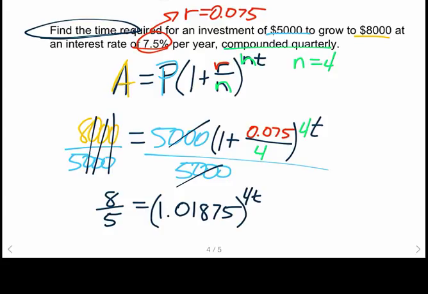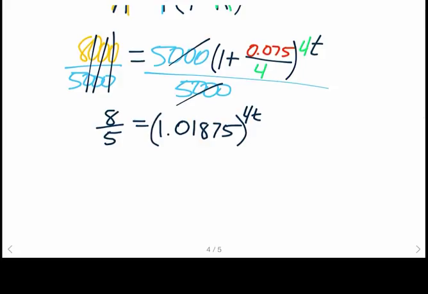I reduced the zeros, and I have 8/5 is equal to 1.01875 to the 4t by putting the quantity that was in parentheses into my calculator. Now, since I have a variable in the exponent, I want to use a log. I don't really want to use a log base 1.01875.